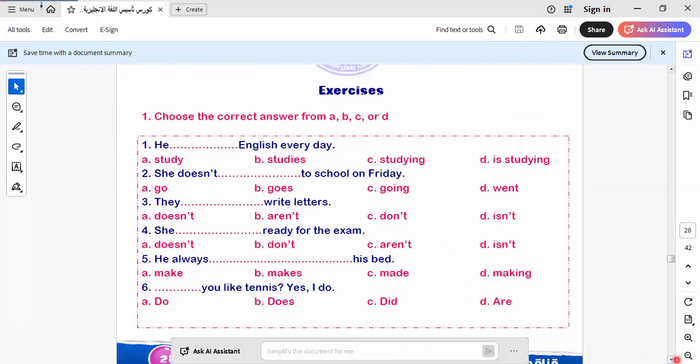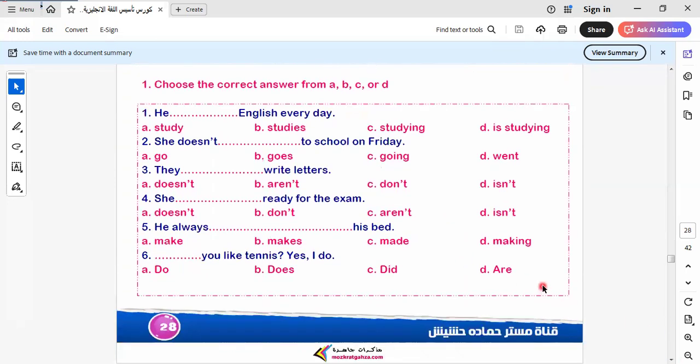I would like to answer the questions below this tense to practice what we took before. He space English every day, so what is the correct answer here? It will be studies. He doesn't what? He doesn't go. As we told you before, when we have the helping verb does, the verb must be in the infinitive form.